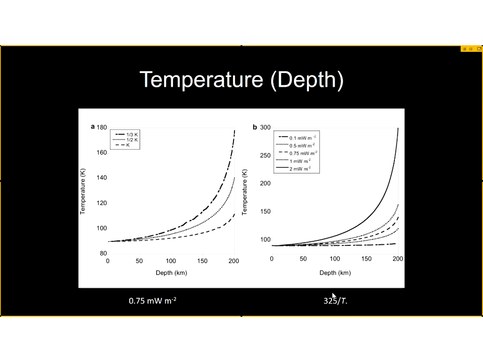So I mostly tested around 3 different parameters because we don't really know exactly how porous the ice is, or basically, more fractured ice might have a lower porosity, which could decrease the conductivity. And then just to show you how much of a range, I have 0.1 milliwatt per square meter to 2 milliwatt. This is temperature as a function of depth. You can see that at 200 kilometers for my 0.1, I'm at like 110, and for my 2 milliwatt, I'm at 300. So these can have large impacts on the temperature at depth.